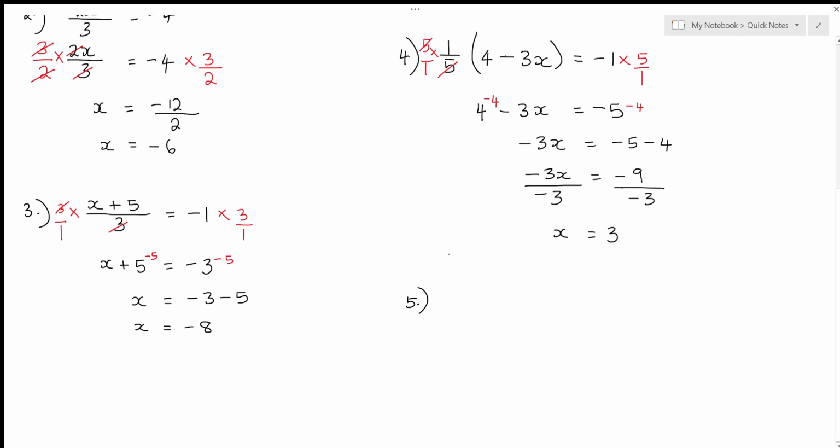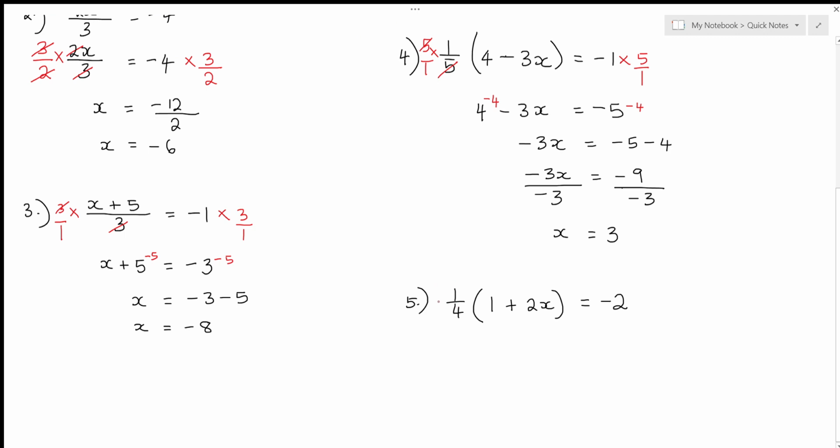Right, looking at number 5, we have 1/4 times 1 plus 2x equal to -2. So here we're going to look at what is the inverse of 1/4.